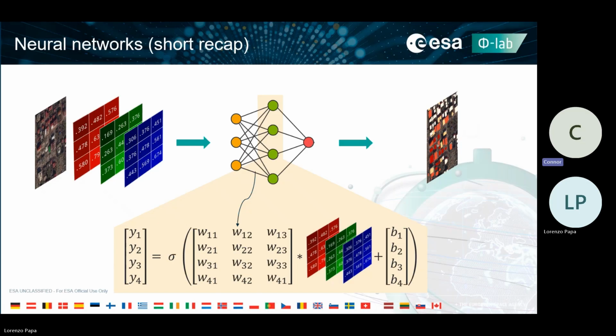The output layers give us the prediction. Just to make a small recap, we have the inputs, the weighted matrix, that is the weights of the model, which is multiplied depending on the operation by the features that we give in the input, and these are the biases that are added to our weights.